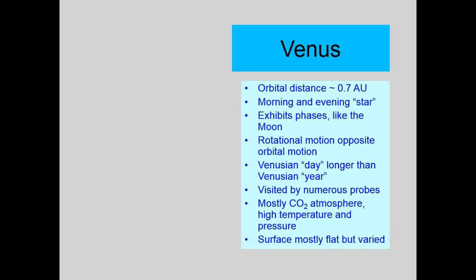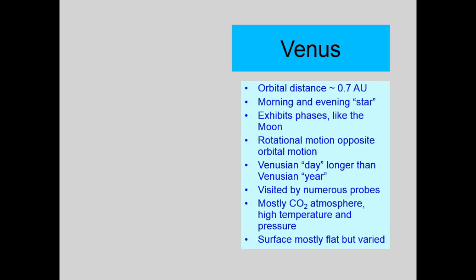So 3/5 of a year is its orbital period, its year, you might say, whereas its day is more than 2/3 of an Earth year. So it's spinning slower than it takes to go around the sun.